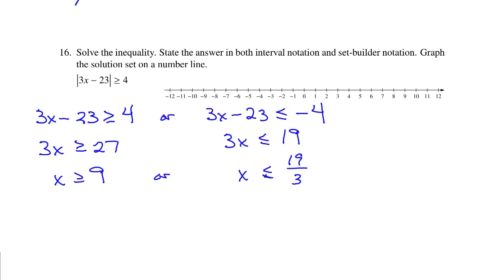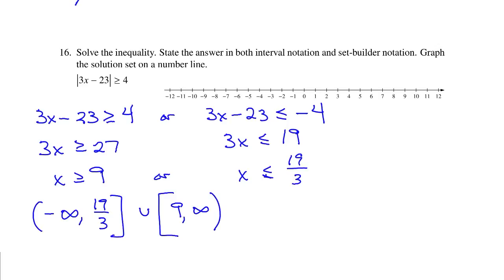In interval notation, this would be negative infinity to 19/3 union 9 to infinity. In set builder notation, this would be the set of x's such that x is greater than or equal to 9, or x is less than or equal to 19/3.